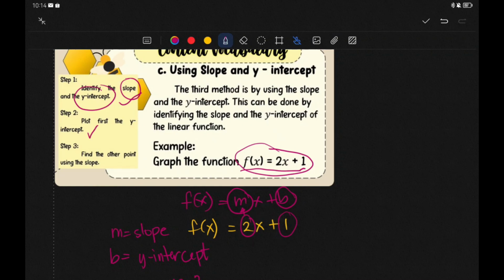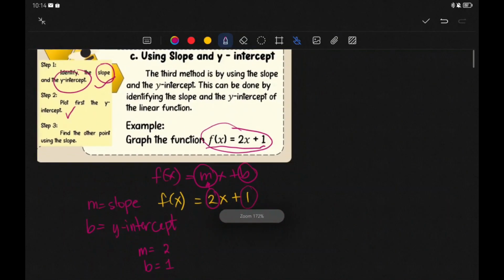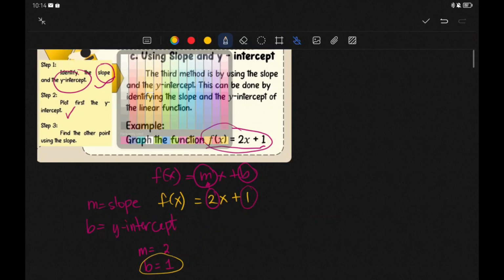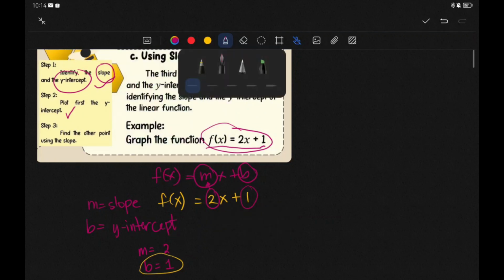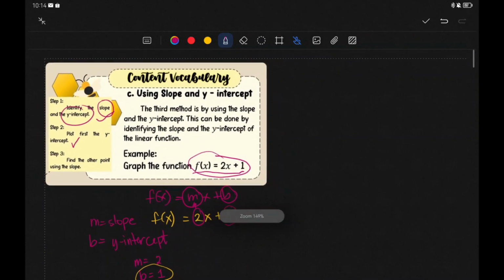Plot first the y-intercept. So we need to plot the y-intercept 1. So let us make a graph, a Cartesian plane.